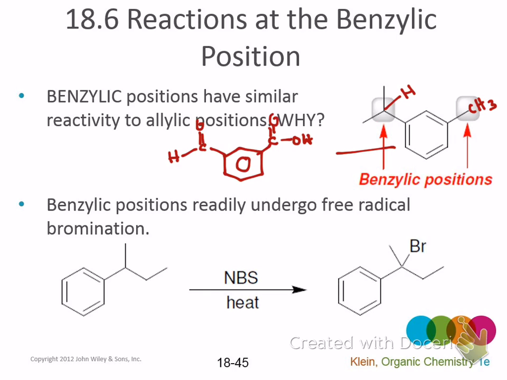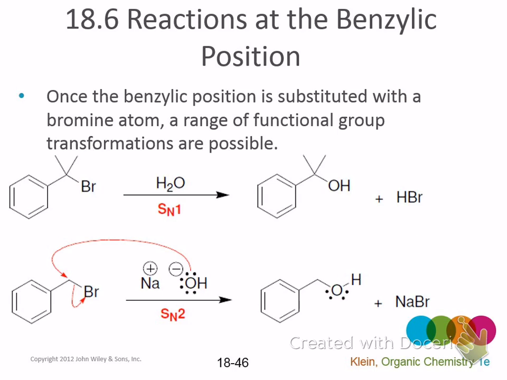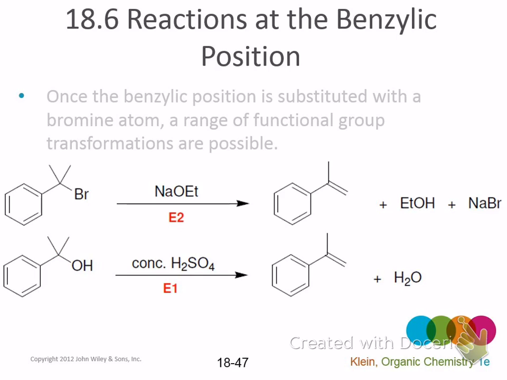And then once you make the modification at the benzylic carbon, there's a lot of stuff that you can do with it. For example, if it's a primary, you can do an SN2 reaction. If it's a tertiary, it can be SN1 and produce alcohols. And you can also form alkene. Once you get the alcohol formed or the alkyl halide formed, it's easy to form an alkene from that. So there's just some synthesis things that you can do.